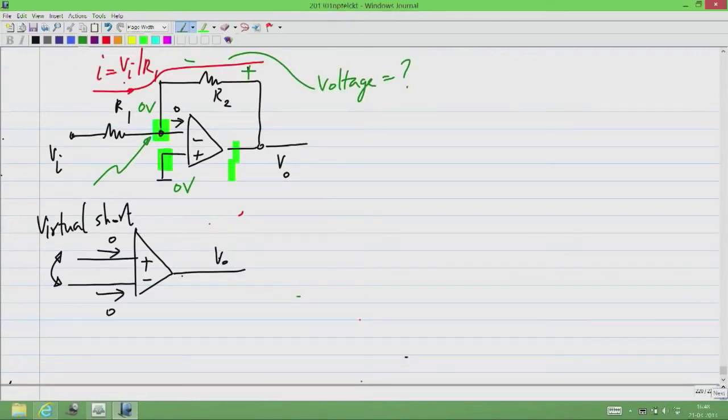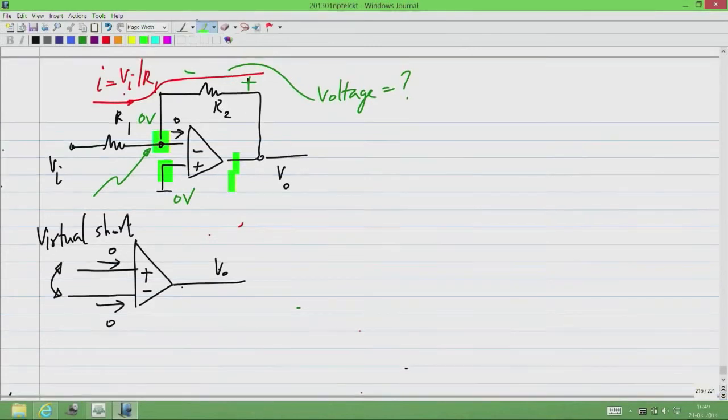Yeah, it is equal to V0, but in terms of Vi, what is the voltage? No, the voltage is not infinite. On the right side you have V0, on the left side we have 0 volts, so the voltage across it is definitely V0. But you also know the current that is flowing through it, so you can try and figure out the voltage across it. What is it? Yeah, that's correct.